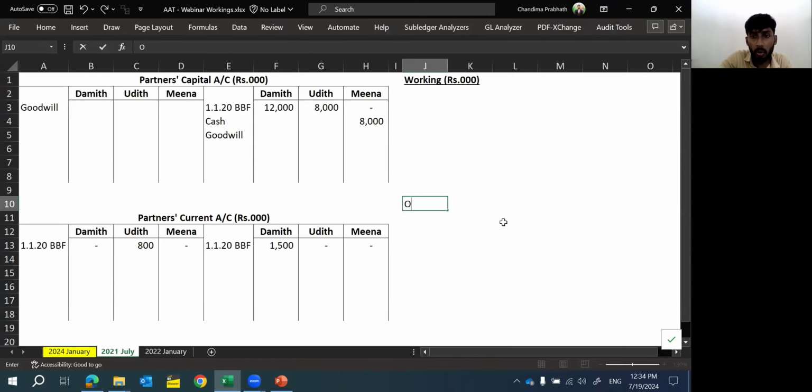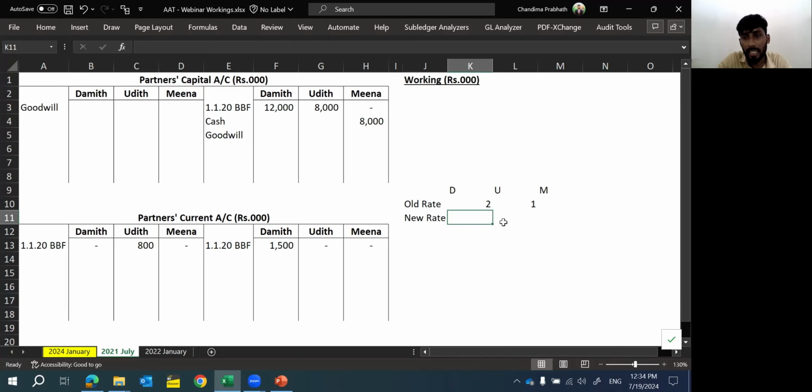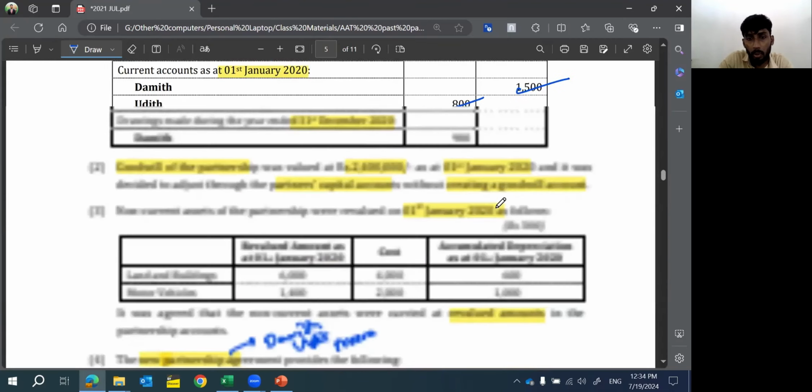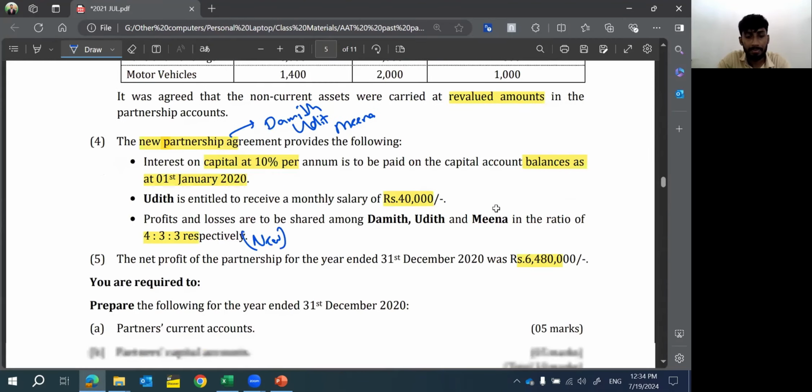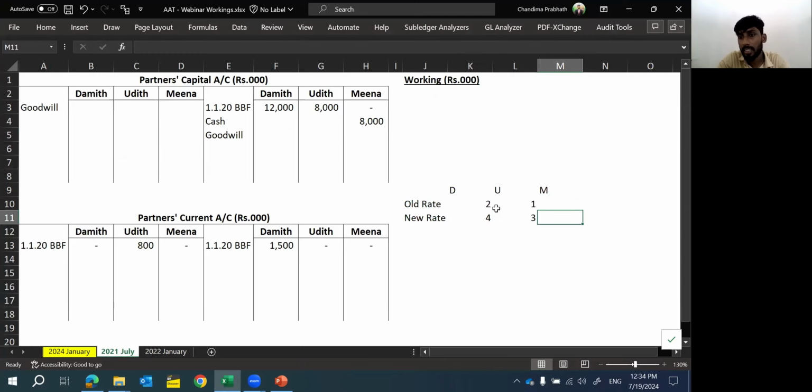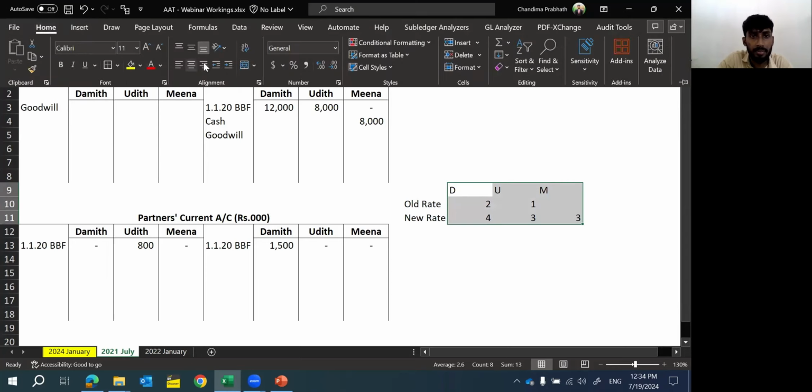Old rate and new rate. The old rate for Damit, Udit and Meena: Damit and Udit 2:1. The new rate, this is for understanding purposes, okay? The new rate was 4:3:3.